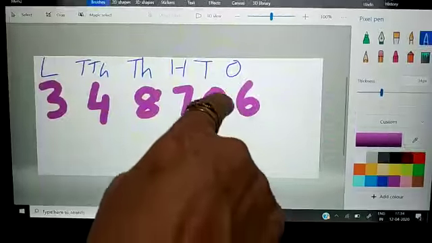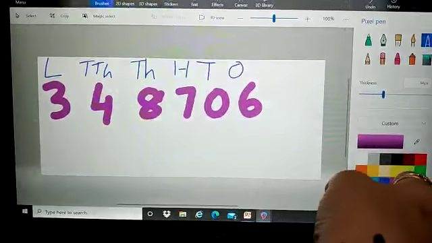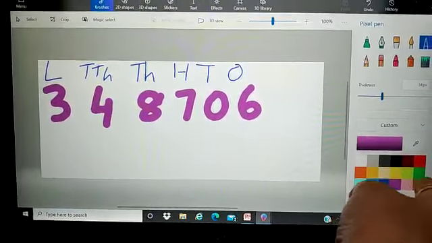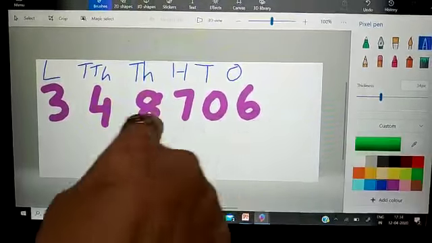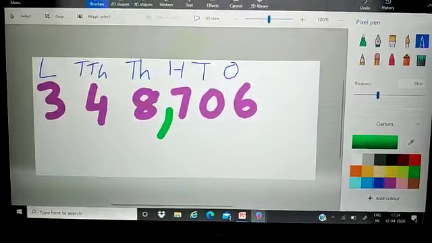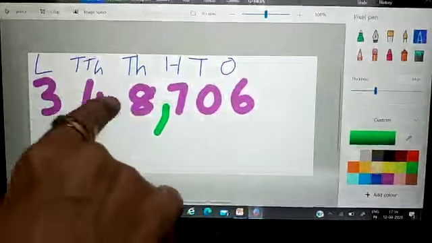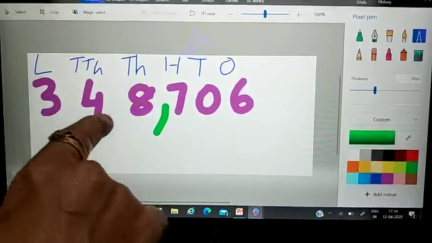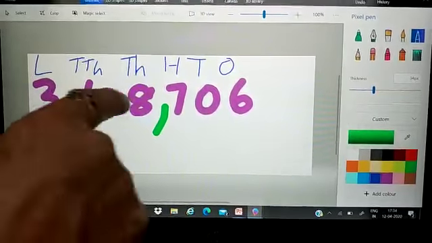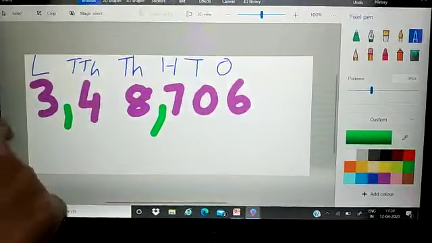So we count the first 3 digits from the right side and put a comma here. This is the ones period. Then the fourth and the fifth digit and put a comma. This is the thousands period and this is the lakhs period.